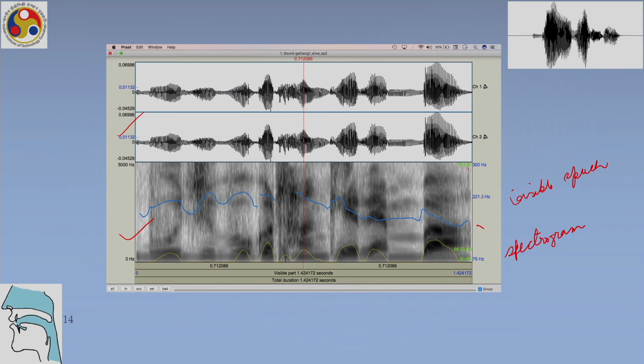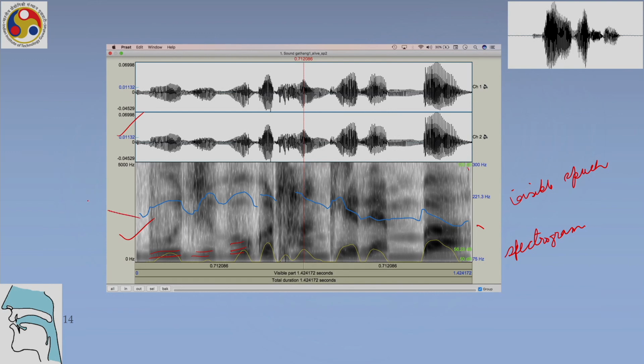And what we have here is our waveform. And as you can see, there are varying amplitudes in the waveform there. And here in the spectrogram you can see the dark regions, which are the energy peaks, which tell you about the formants, the main formants F1, F2, F3, and then also you have other information like intensity and fundamental frequency.